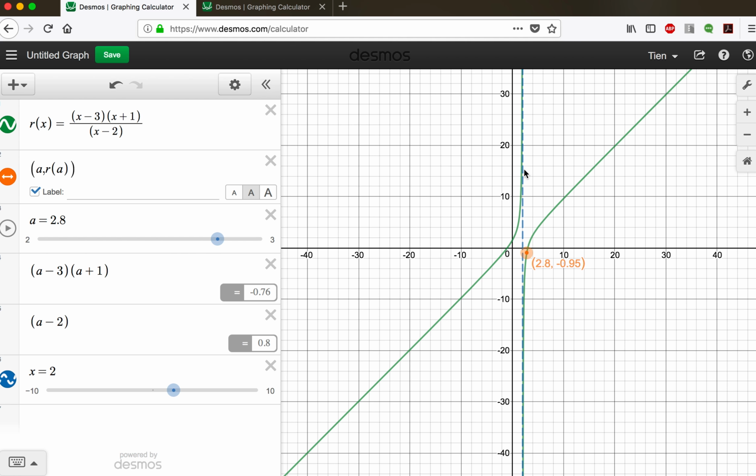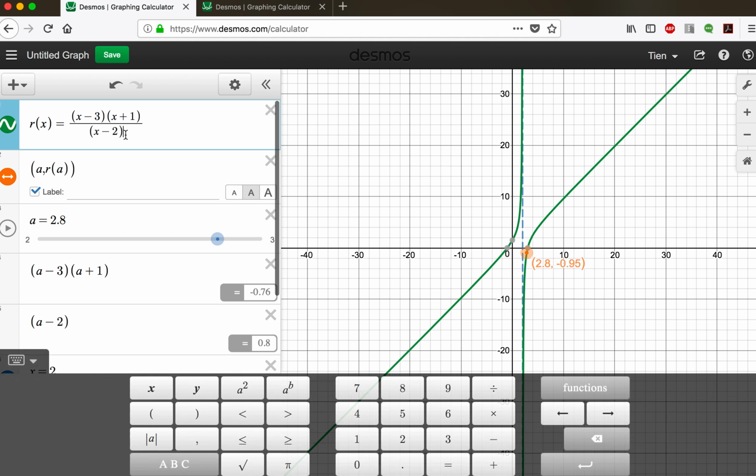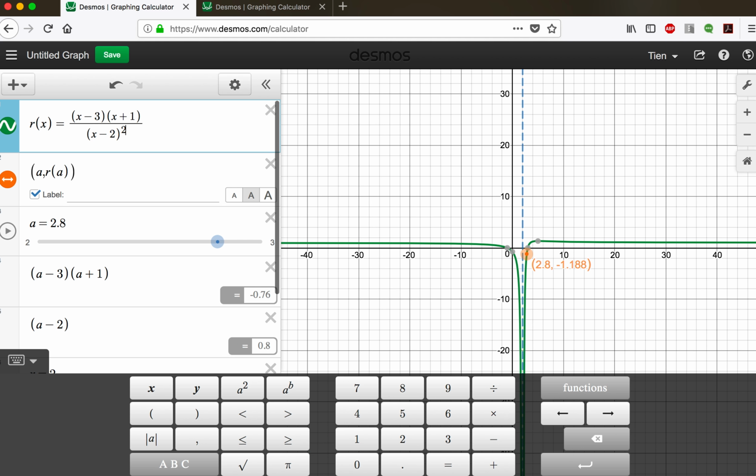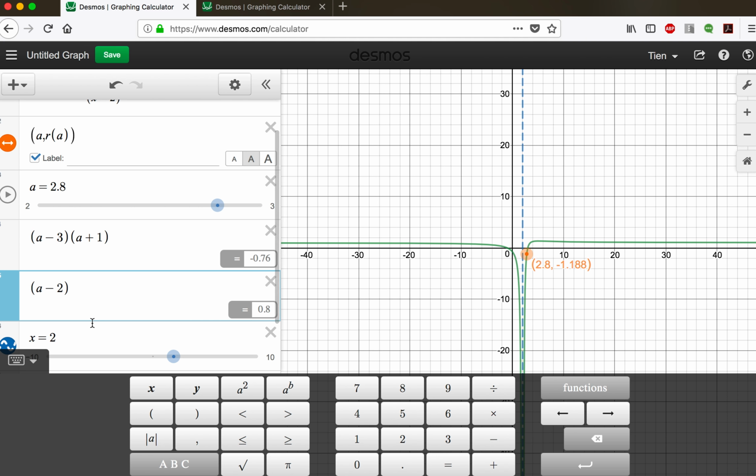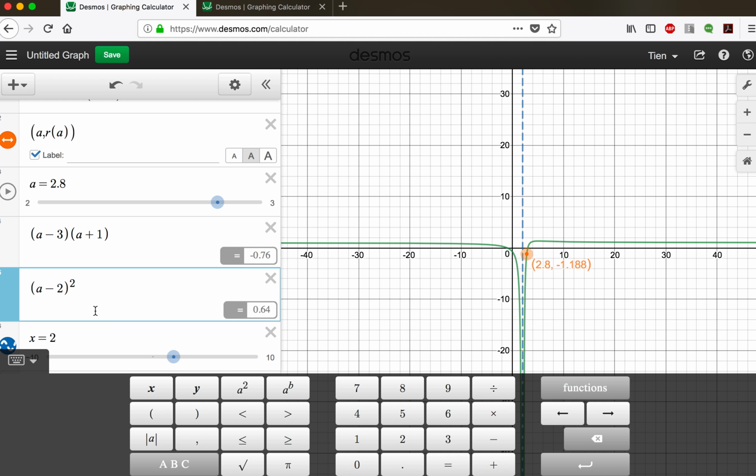And the idea is exactly the same as with polynomials. Things don't change sign when the powers associated with them are even. So if this thing's even here, then it's not allowed to change the sign of the function, right? If I now stick a squared here, then this numerator is always negative as you're close to 2.